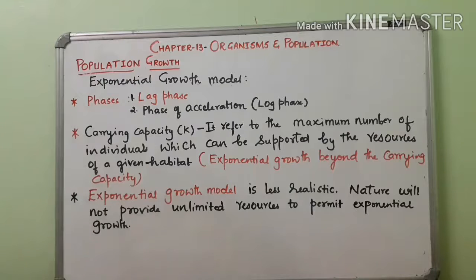It does not always show a phase of acceleration, because due to natural calamities there will be a steady phase, and a decrease in the number of the species. So the exponential growth model is less realistic. In this topic we discussed the growth models, including exponential growth, which is also called geometric growth.